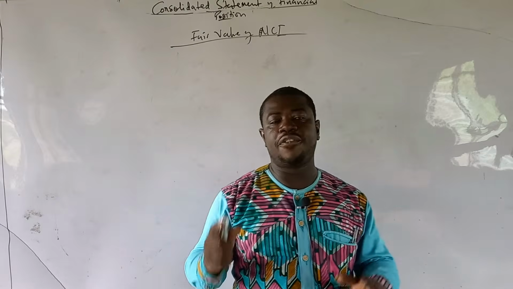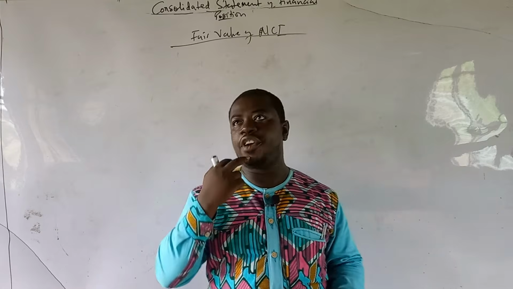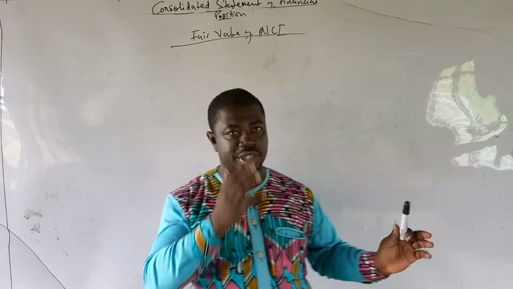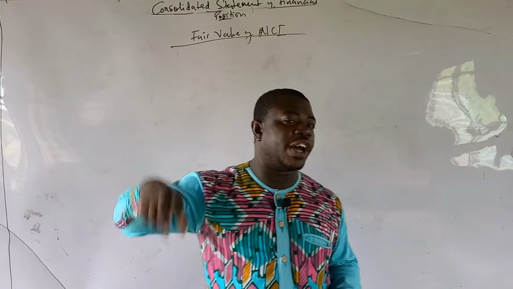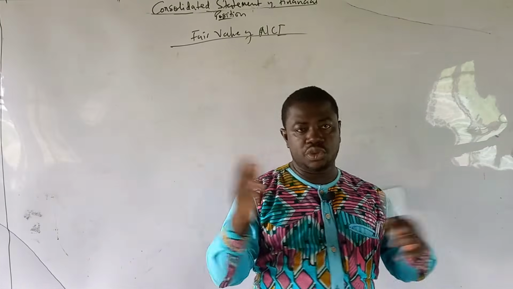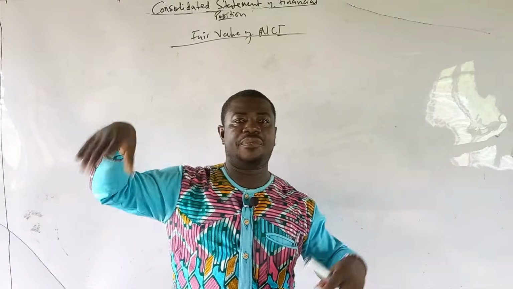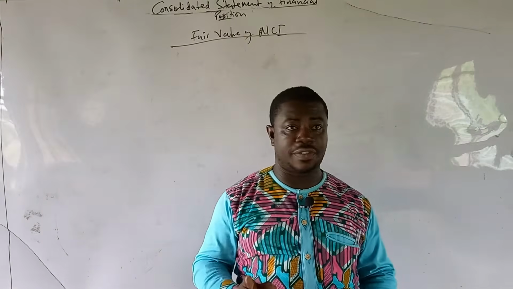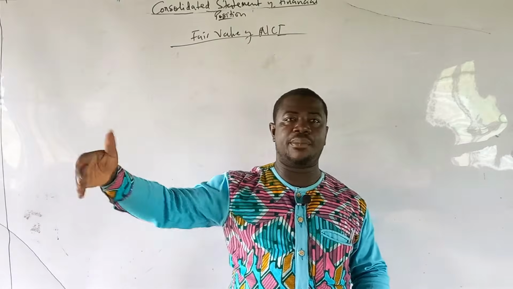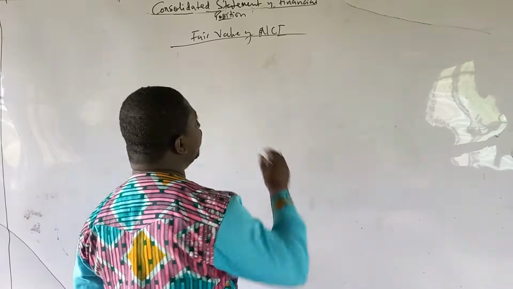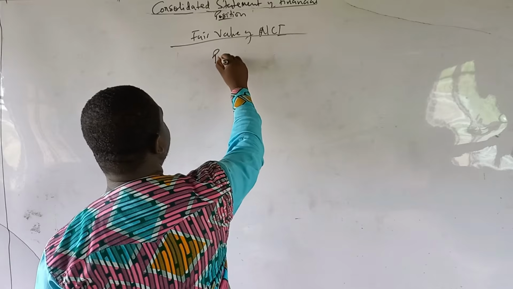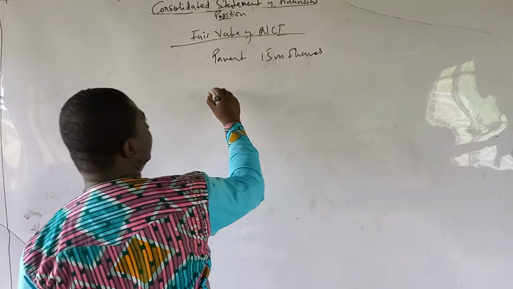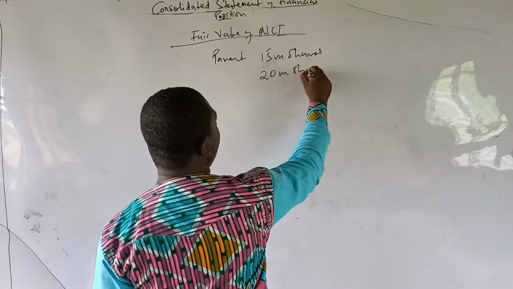We know that the fair value of NCI, now what I mean by fair value of NCI is that at acquisition date, when we buy the company and we know the purchase consideration that we used to buy, the cost, the value of NCI, that if it is 80-20 or 75-25%, the 25% that belongs to the non-controlling interest we should be able to know the value at the date of acquisition, either by multiplying the number of shares left. For example, if they tell you that the parent bought 15 million shares, and the subsidiary is capitalized with 20 million shares.